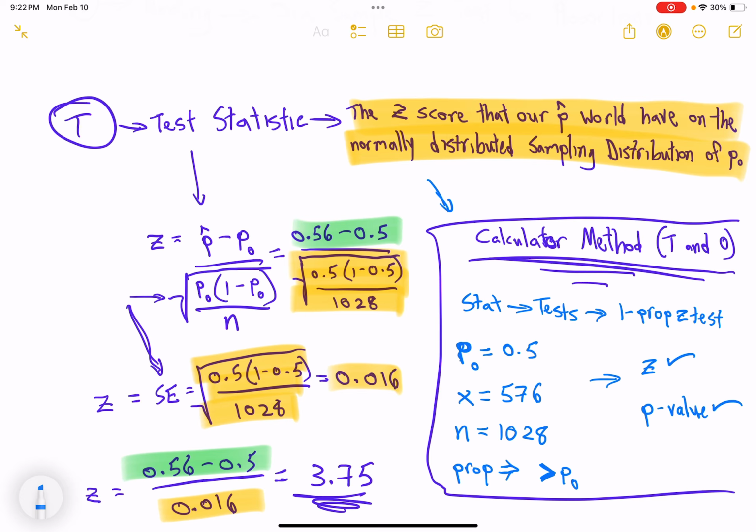What we do for proportions for test statistics is we do the p-hat minus the null proportion to find the distance from the null proportion, which will be the mean of our sampling distribution, all the way out to where the p-hat sits. We want to divide that distance by the standard error, which is the standard deviation of the sampling distribution, aka how many standard deviations away from my null proportion would my p-hat sit.